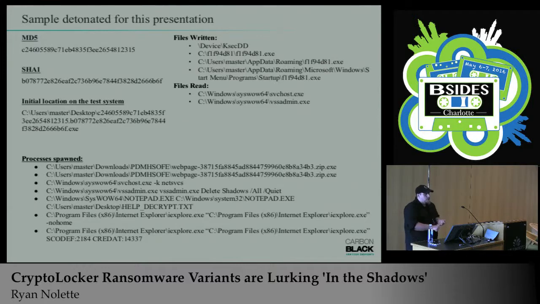Multiple files were written, multiple files were read, new processes spawned, the registry was touched. It did a ton of crap on that system, pretty much, right? Very, very noisy. But how will we know that if everything ran throughout the shadow? We don't. So let's look at what happens from these different viewpoints.